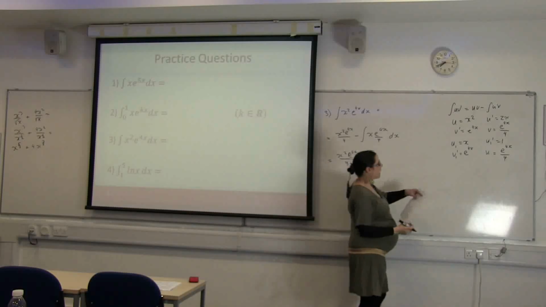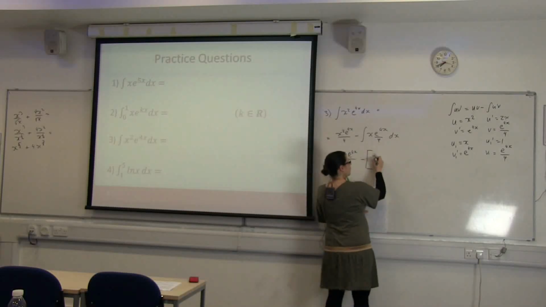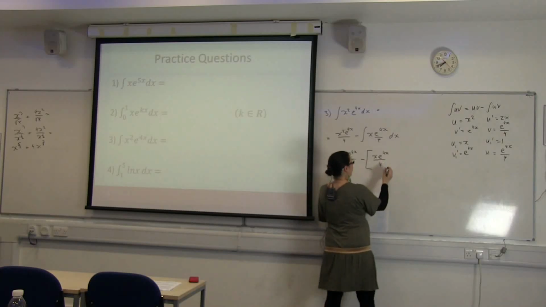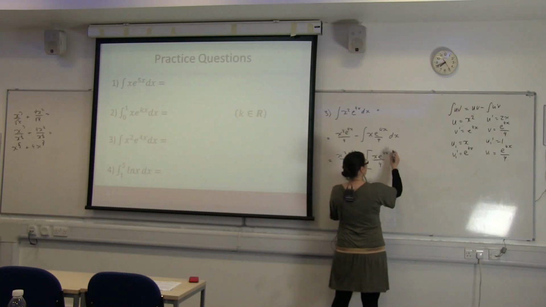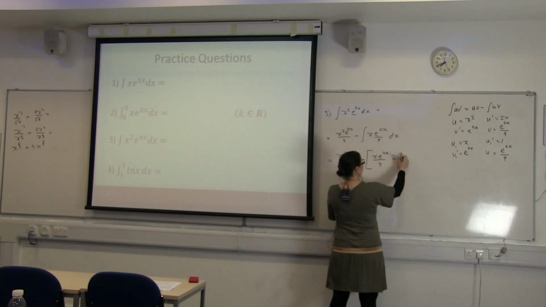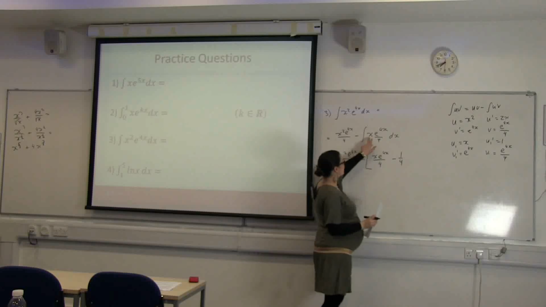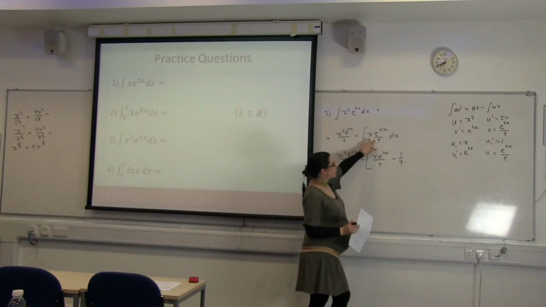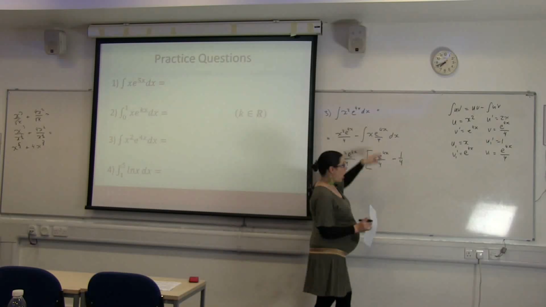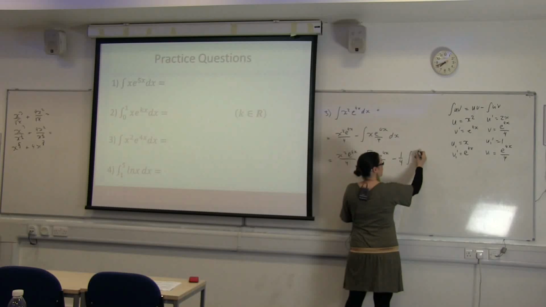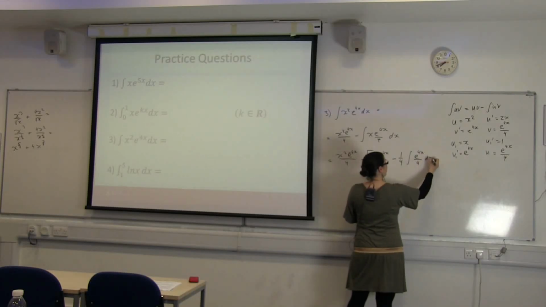So u1 times v1 is going to give me x times e to the 4x over 4 minus, remember that 4 I brought out, and then what's left behind is x times e to the 4x, but now x's derivative u prime is just 1, so that's going to be integrate e to the 4x over 4 dx.